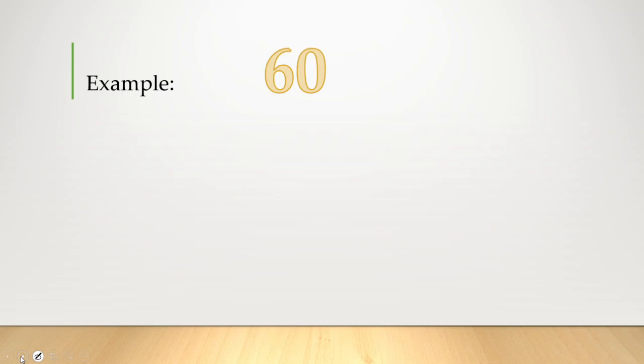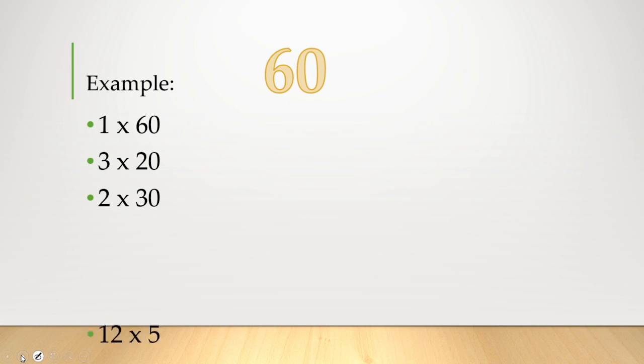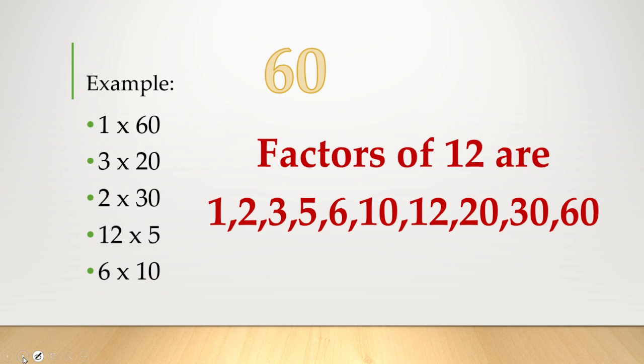So, another example, 60. So, what are the factors of 60? 1 times 60, 3 times 20, 2 times 30, 12 times 5. Meron pa ba kayo naiisip? 6 times 10. Ano pa? Wala na. So, 1, 2, 3, 5, 6, 10, 12, 20, 30, and 60 are the factors of 60.